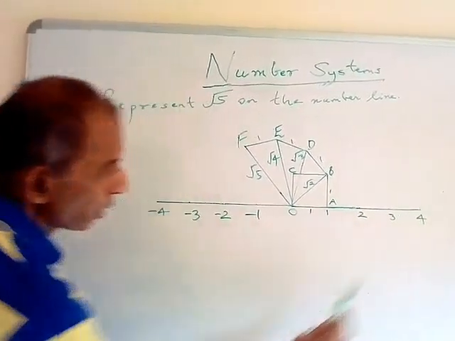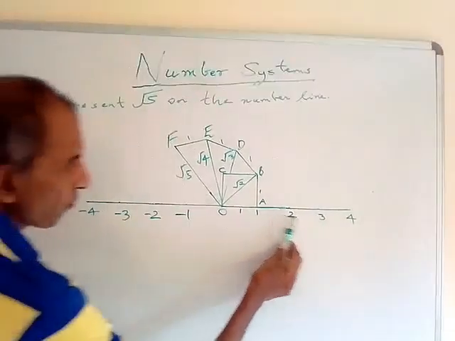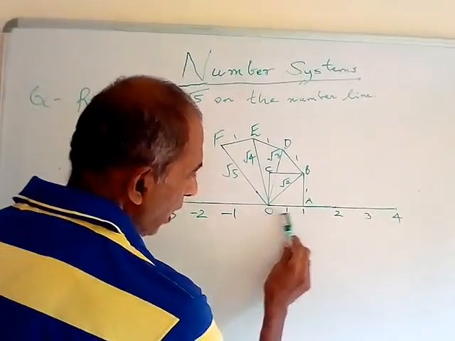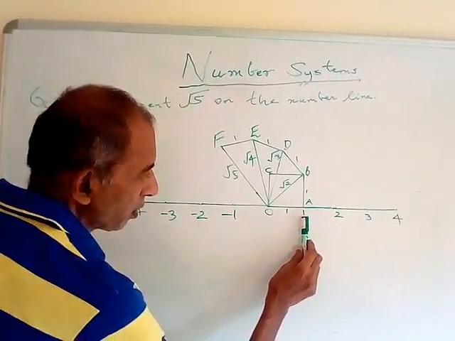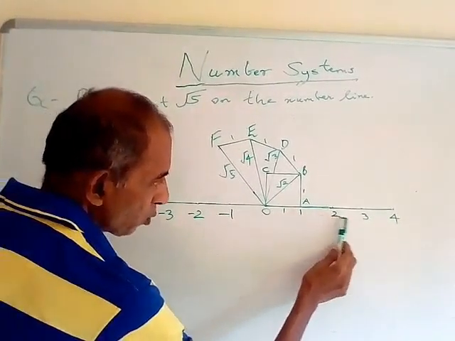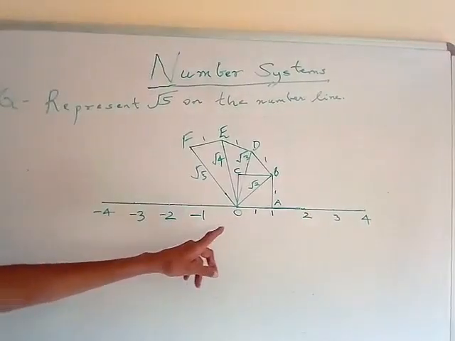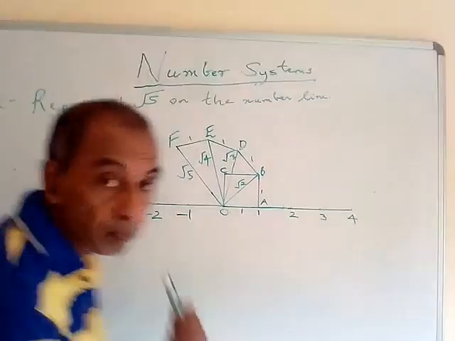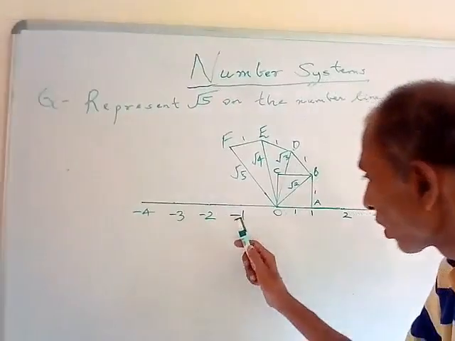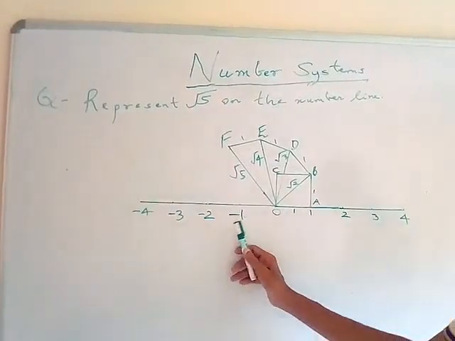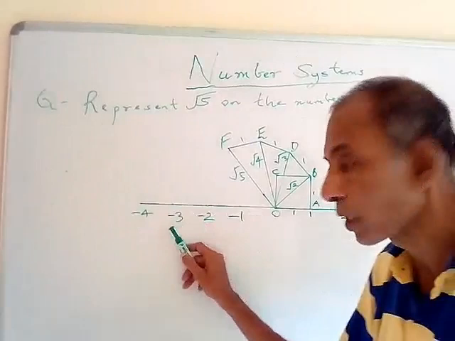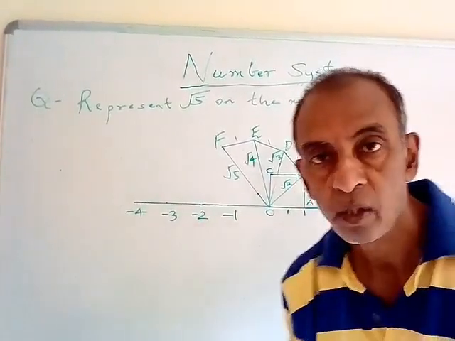These are units, 4 units, each of equidistant length. So 0 to 1, 1 to 2, 2 to 3, 3 to 4 are the same, 1 unit each. Similarly, on the negative side also we have drawn minus 1, minus 2, minus 3 and minus 4.